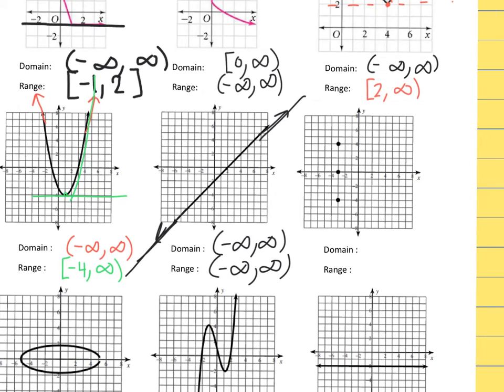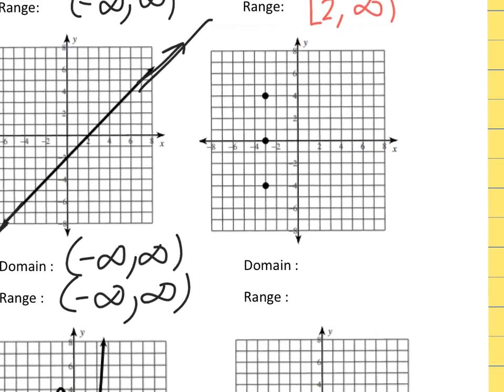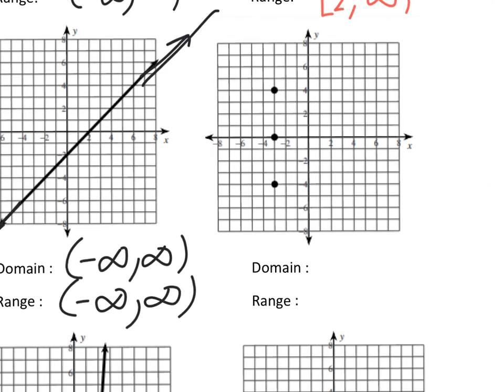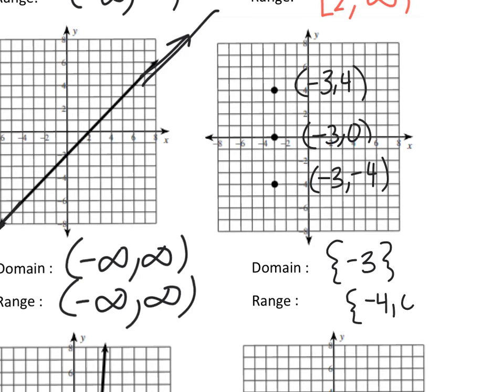This is a discrete function. It's just dots, okay? So for the domain, I can actually list the ordered pairs. So this ordered pair is negative 3, 4. This ordered pair is negative 3, 0. This ordered pair is negative 3, negative 4. So I'm just going to list out the domain is negative 3, and the range is negative 4, 0, 4.